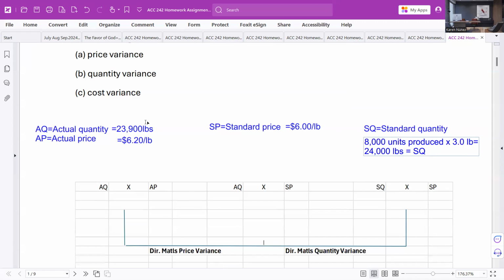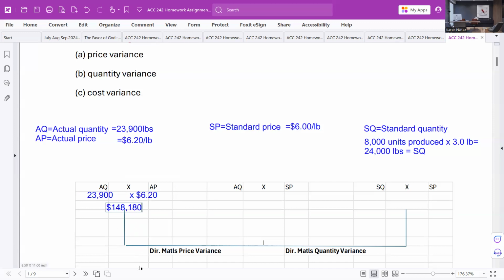The actual quantity is 23,900 pounds, and the actual price is the $6.20. So the actual cost, 23,900 times the $6.20, is $148,180.